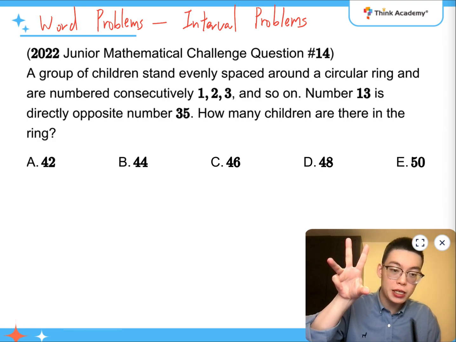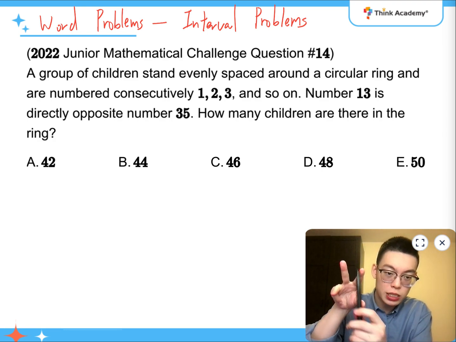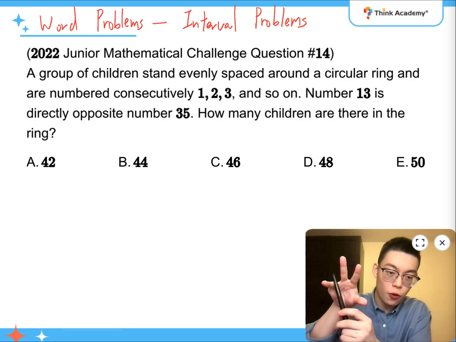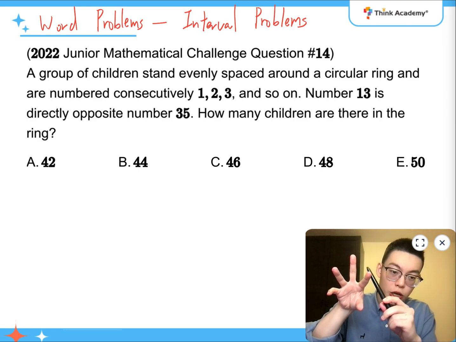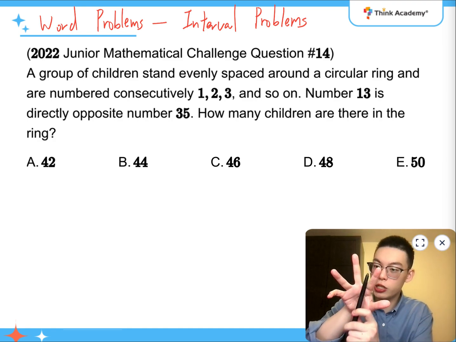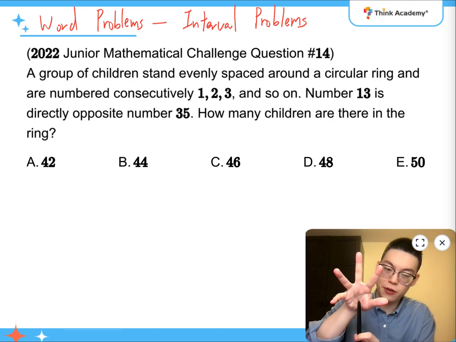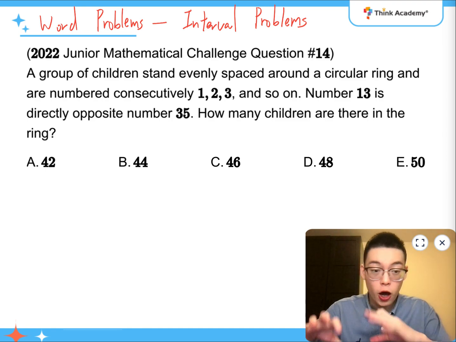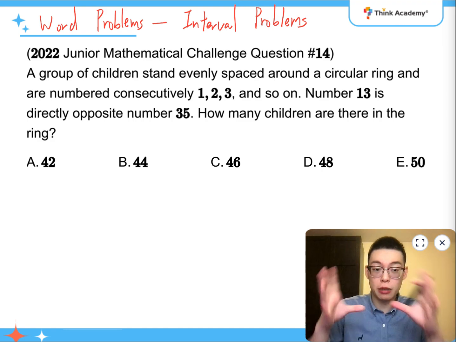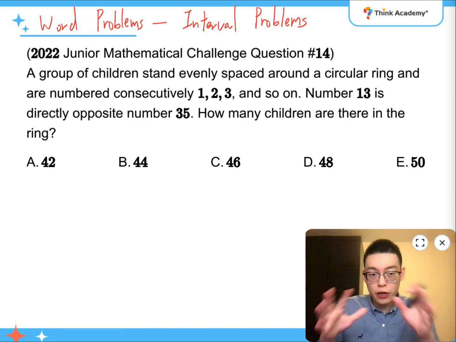If there are 4 things, my 4 fingers, there should be 1, 2, 3, 4, 4 gaps. And if there are 5 things, there should be 1, 2, 3, 4, 5, right? There should be 5 gaps between them.